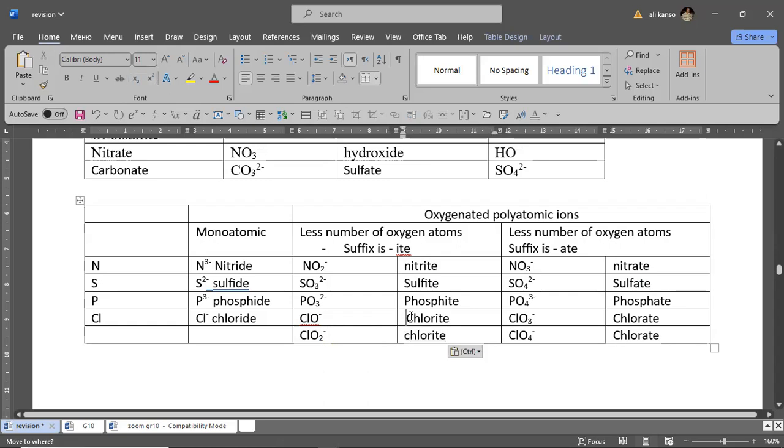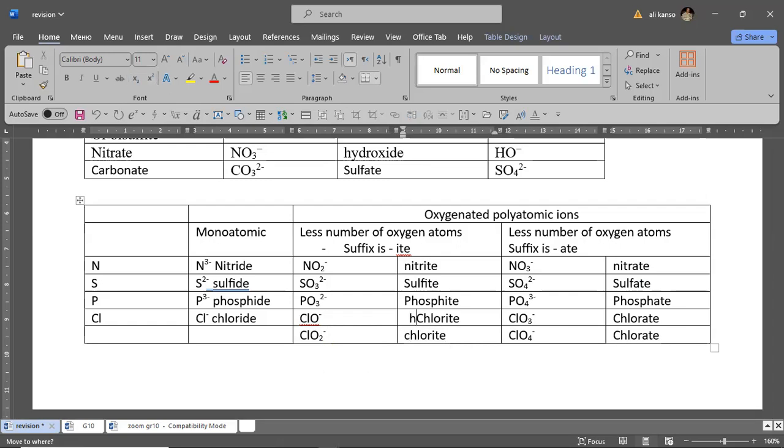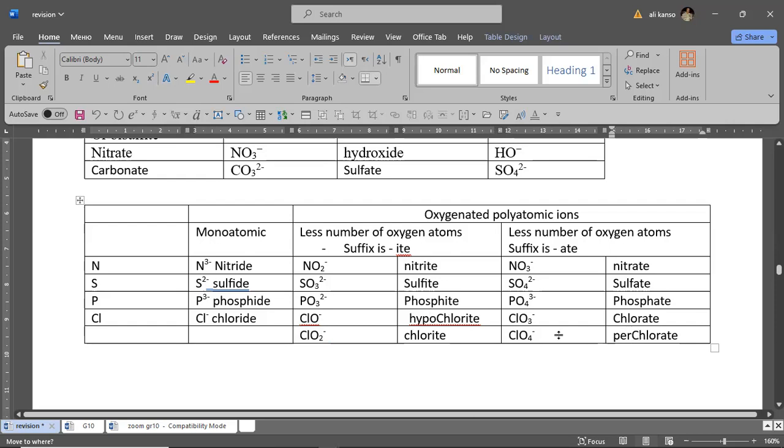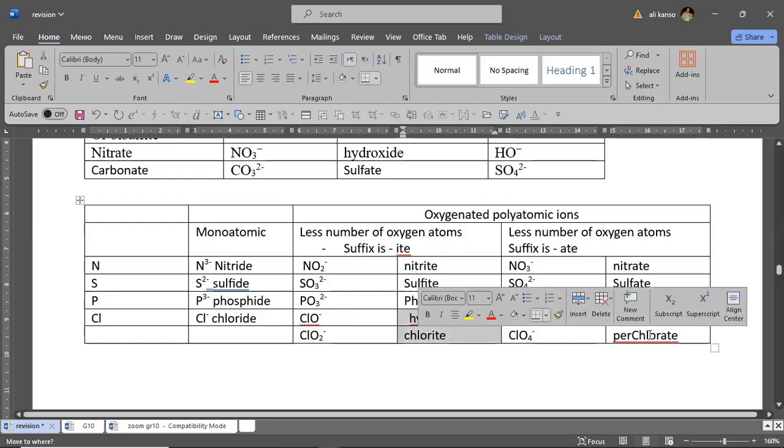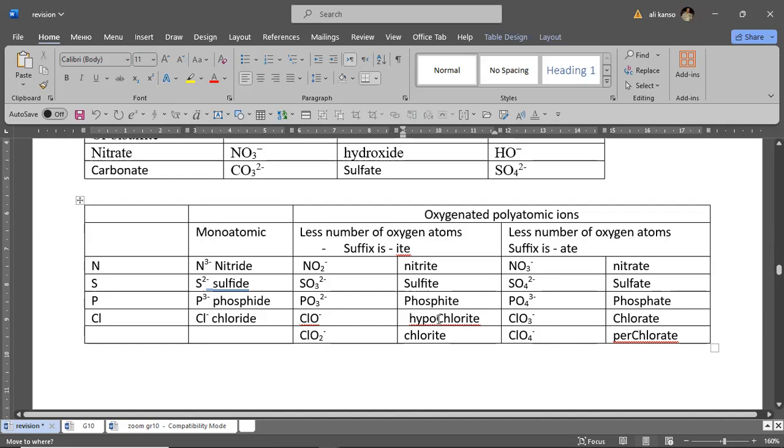First one, we write before it a prefix called hypo. Last one, we call it perchlorate. Let us repeat. First one, hypochlorite. The other one, chlorite. Third one, chlorate. The fourth one, perchlorate. So we differentiated between the first and the second, and between the third and the fourth. Hypo means the least, and per is the most. Okay?